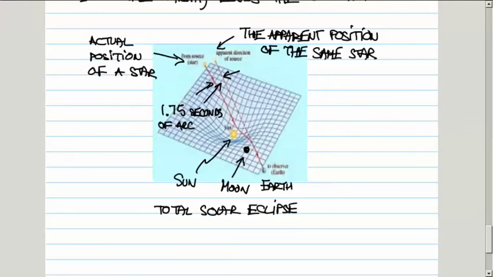It apparently moved from here, where you saw it when the sun was not in the way, to here, right? And that amount of shift, the angular displacement of 1.75 seconds of arc, was exactly what general theory of relativity predicted. So it's not just something that exists on the paper, but actually these things could be observed.